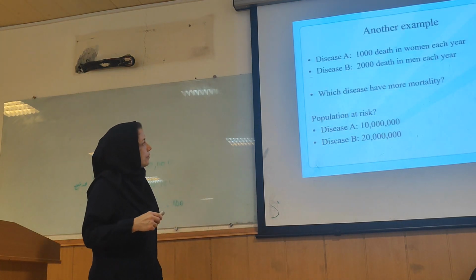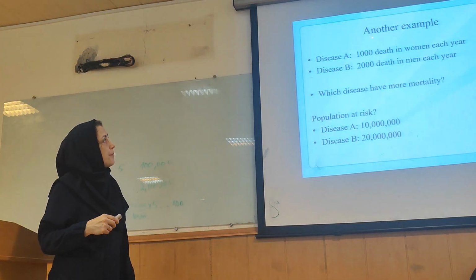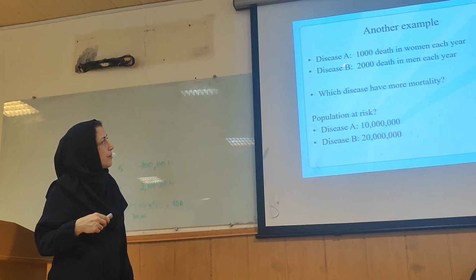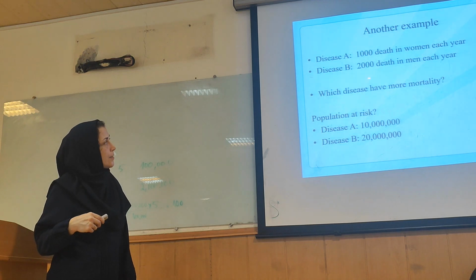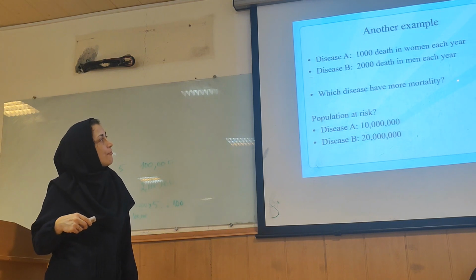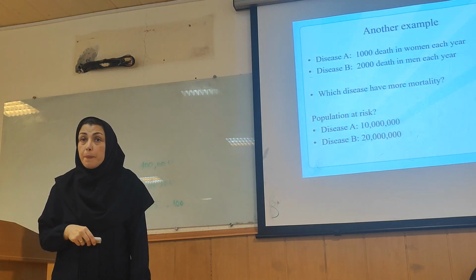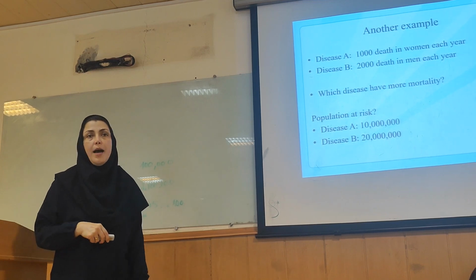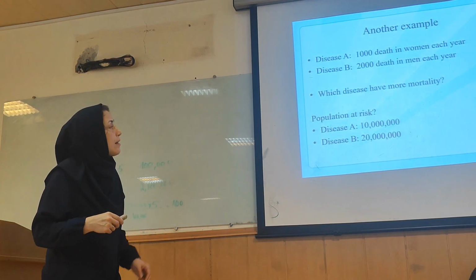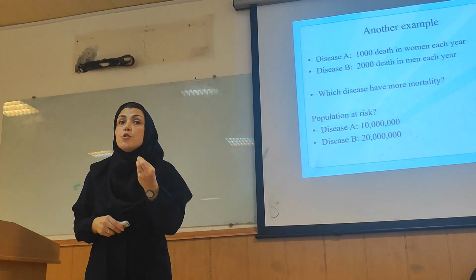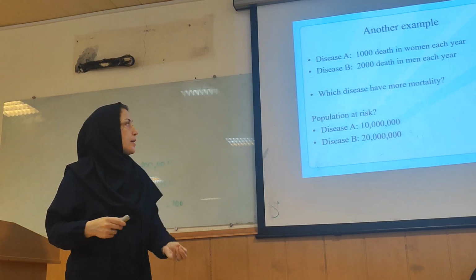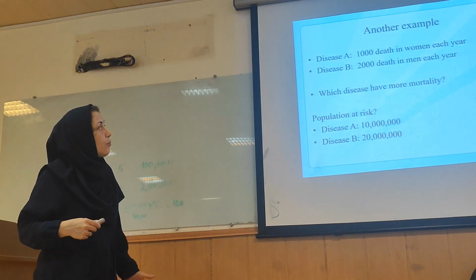another example, the same as before. 1,000 deaths in women each year according to disease A, and 2,000 deaths in men according to disease B. Which disease has more mortality? B. Huh? B. All. I told you that based on the number of deaths, you cannot say something about mortality. Why?